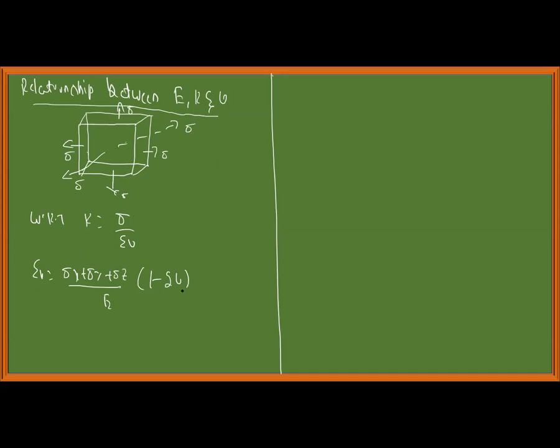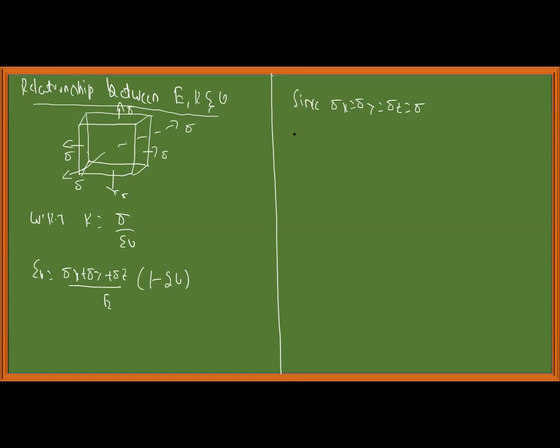We have derived this. Since sigma x is equal to sigma y is equal to sigma z is equal to sigma, in this case, when you take a body and immerse it in fluid, for example, you immerse a cube in the sea, then it is subjected to pressure of equal magnitude on all the surfaces that you can imagine. So this will be sigma.